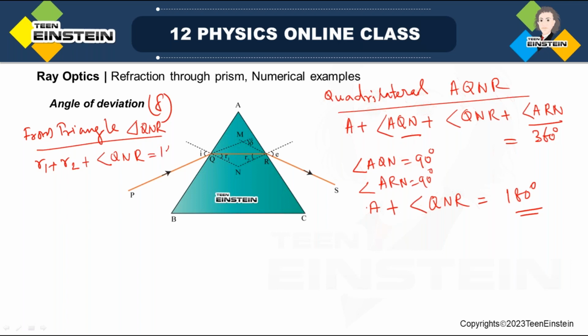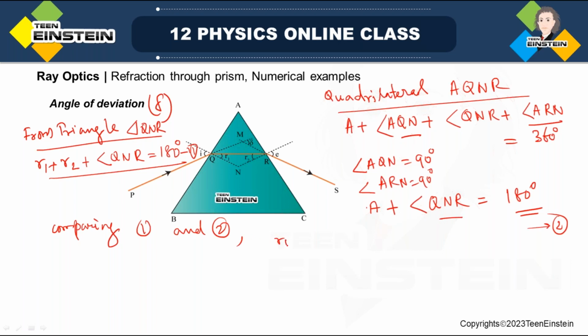Since this is a triangle, the sum of them will also be 180 degrees. Suppose this is equation number 1 and this is equation number 2. Comparing 1 and 2, we see angle QNR is common for both of them. So R1 plus R2 will be equal to A.